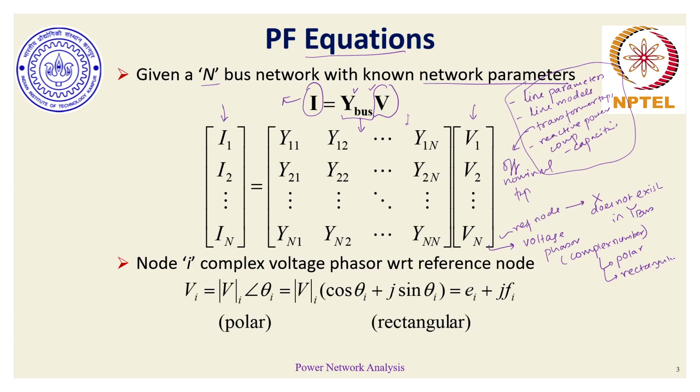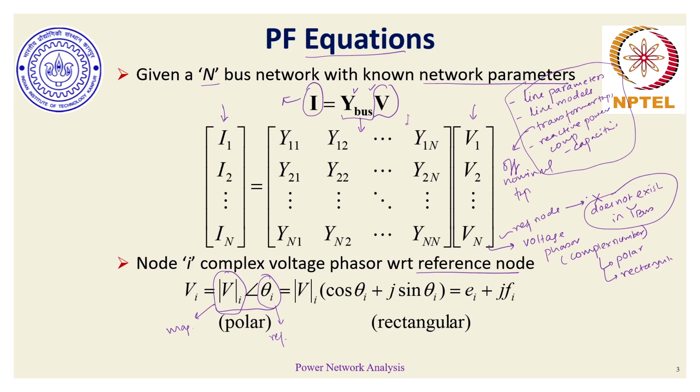In polar form every phasor has a magnitude, which we call the voltage RMS value essentially, and the corresponding phase angle theta i is measured with respect to a reference, which is the reference node, whose presence is not there at all in the Y-bus.